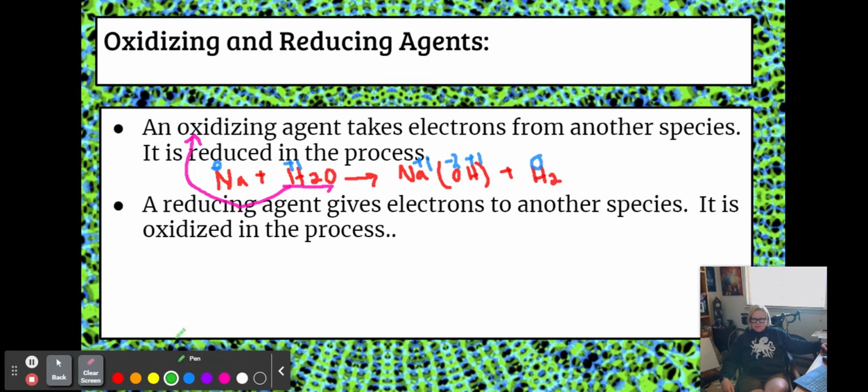So in this case, since the sodium is giving its electron to the hydrogen, sodium is the reducing agent and is being oxidized in the process. So whatever's being oxidized is the reducing agent, and whatever's being reduced is going to be the oxidizing agent.